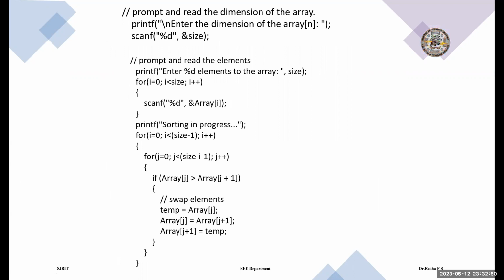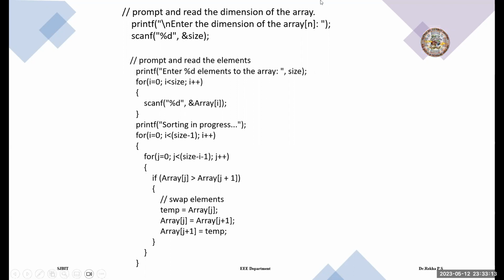Now prompt and read the dimension of the array. First I'll ask the user to enter the dimension of the array. Whatever the user has entered will be read into the size variable through the scanf function.